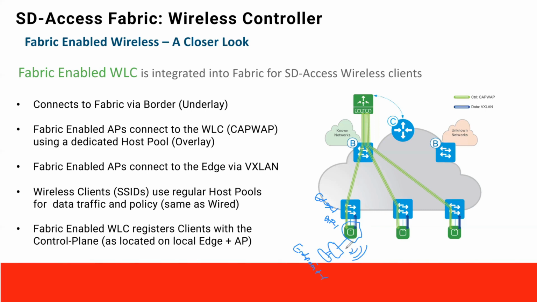When it sends any request, the access point will exchange this traffic with the edge node. The control traffic is CAPWAP. The data traffic is this VXLAN. You can see it here. So the edge node will consider it as a directly connected wired client.